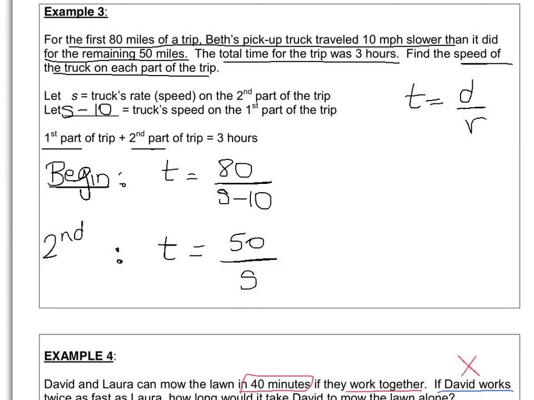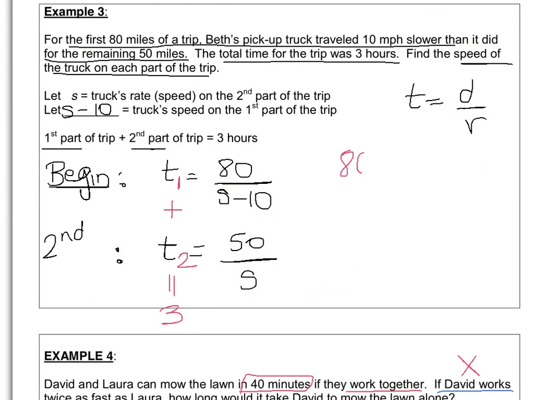Now, the whole trip took 3 hours. So the first time and the second time, if you add them together, it should equal 3. So T1, the first part of the trip, plus the second part of the trip should be equal to 3 hours.